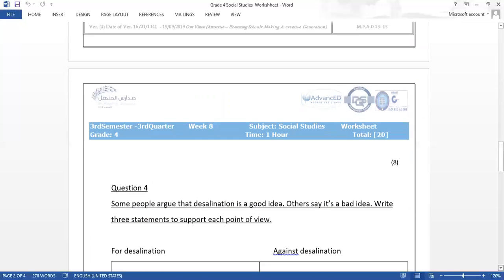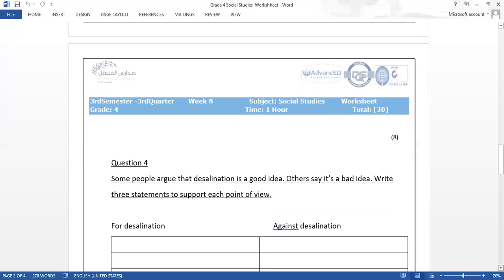This is about desalination. First, I'm going to tell you what desalination is. Desalination is a process of removing salt from a substance, usually from water or soil. In Saudi, there are a lot of desalination plants.